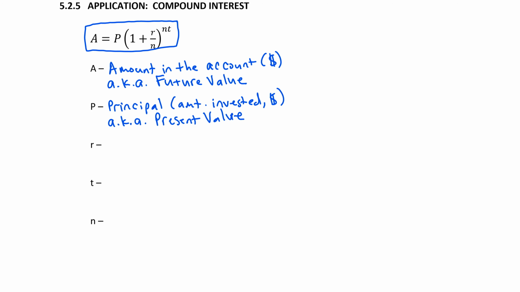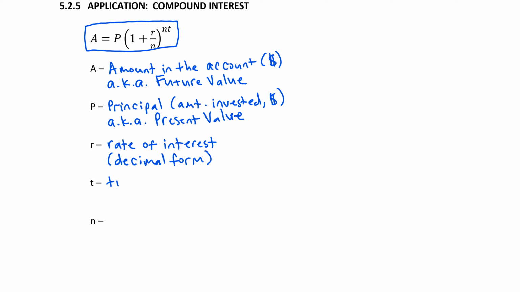Now, in this formula, we also have R. R represents the rate of interest. And this always must be expressed in decimal form. It's often quoted as a percentage, maybe 3%, something like that. But when we calculate with it in the formula, we have to put it in decimal form, 0.03, for example.